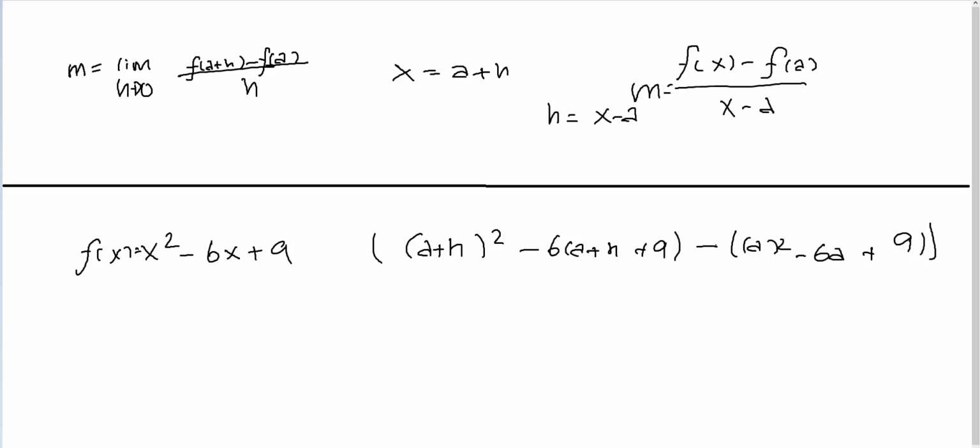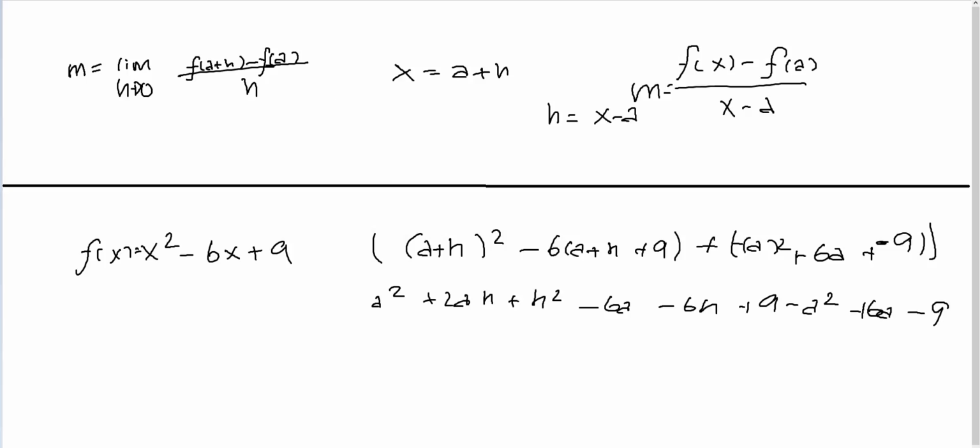Okay, so we're going to distribute this negative, and we're going to say that negative a squared plus 6a minus 9. And we're going to expand this and get a squared plus 2ah plus h squared minus 6a minus 6h plus 9 minus a squared plus 6a minus 9.